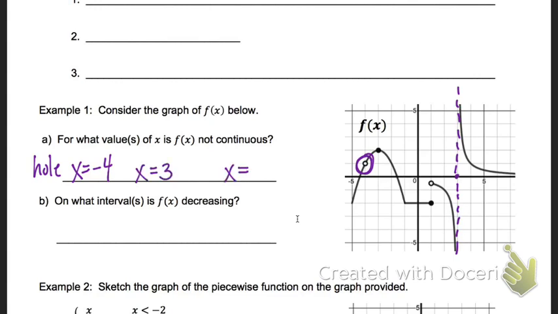And 1? I don't think the other one meets the points. So at x equals 3, we said there's a vertical asymptote. At x equals 1, they just don't meet. Do you mean like their y values don't? Right, exactly.